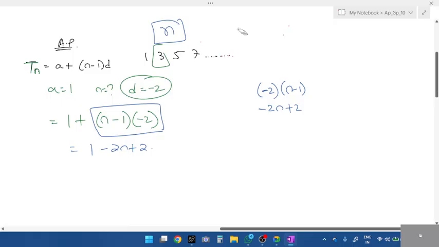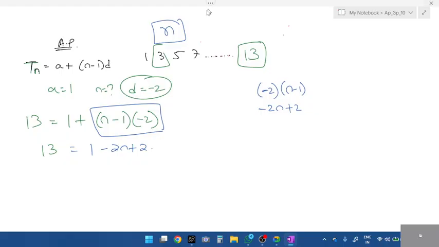Instead of 41, I'll just take a smaller value. 1, 3, 5, 7, 9, 11, 13. Let me take 13, students. We'll find the value of 13. If I substitute 13 here, 1, n. Okay, this was wrong here.